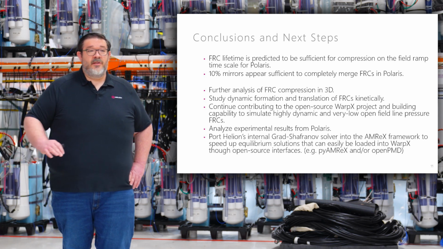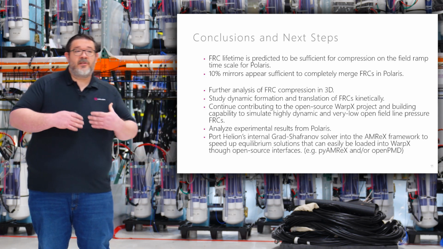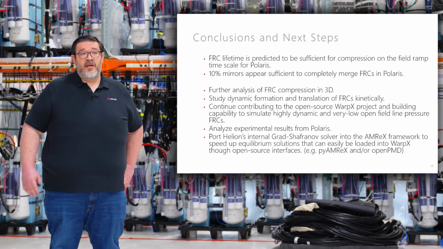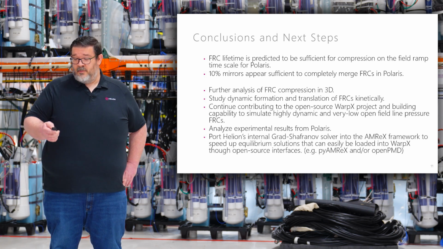We do have some plans in the future for addressing this and improving the transport models based on our experimental data. However, currently we're using just kind of standard forms of resistivity, either found in literature or just derived.